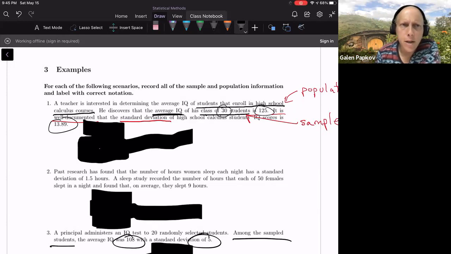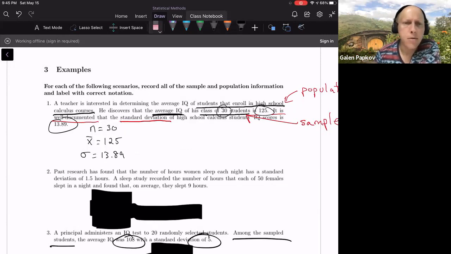So that standard deviation didn't come from the 30 students. It came from all high school calculus students, which means that is the population standard deviation. So now when I write those down, I know which symbols to use. N is the sample size, X bar is the sample mean, and sigma is the population standard deviation.